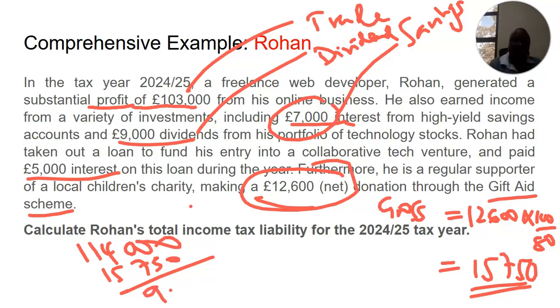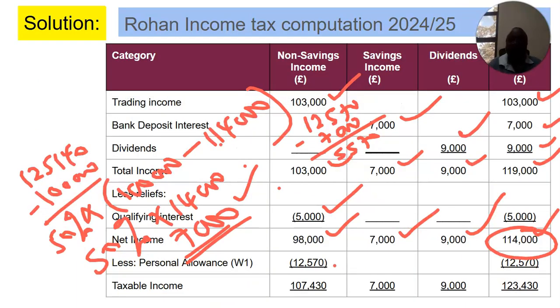So we are now resting at 98,250. So obviously we are now qualifying for the full personal allowance of 12,570.